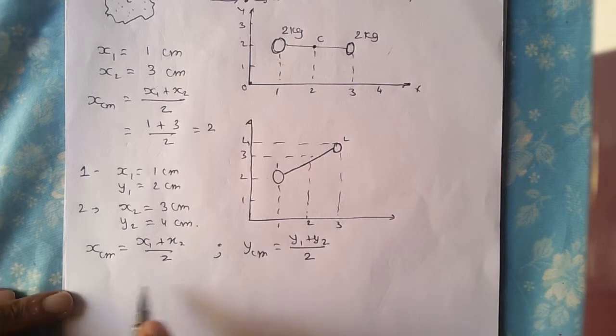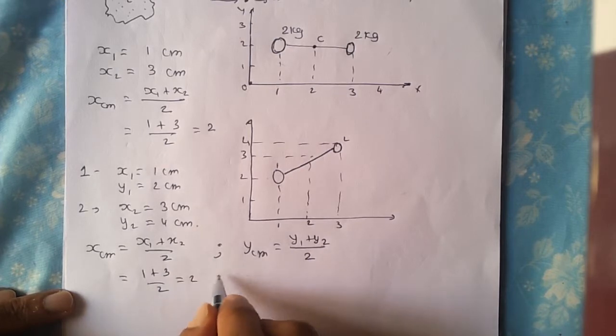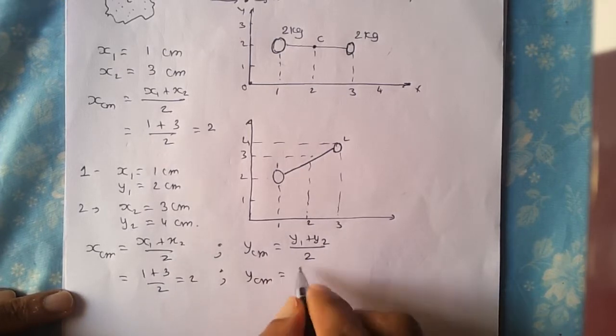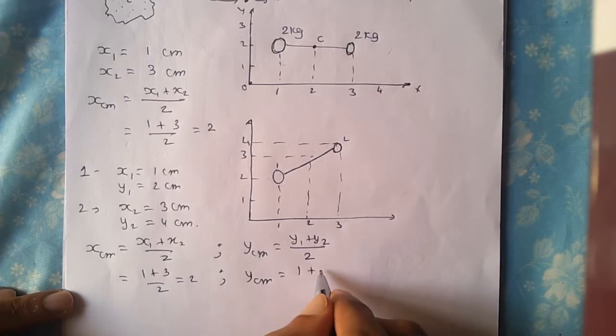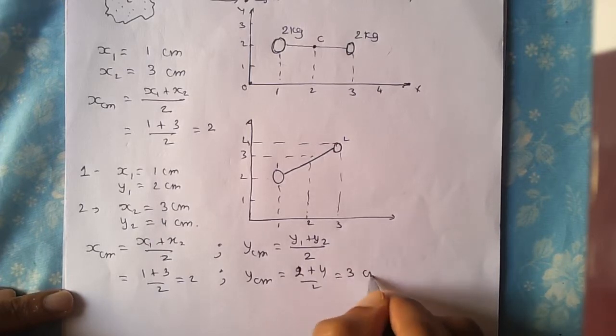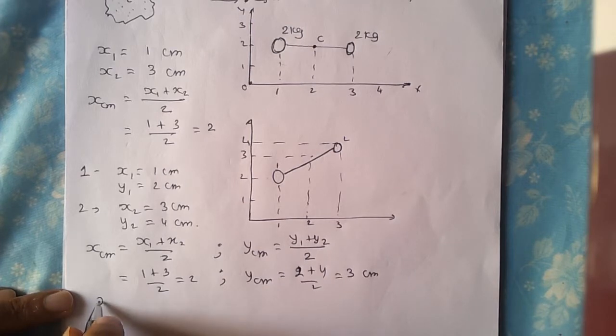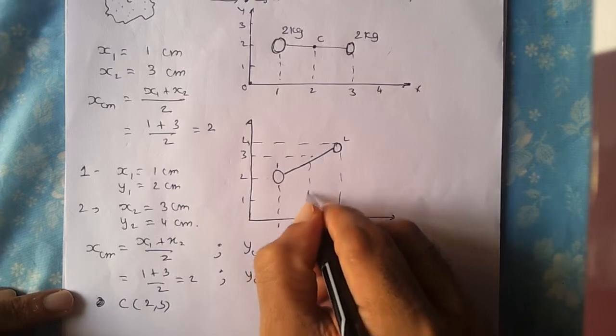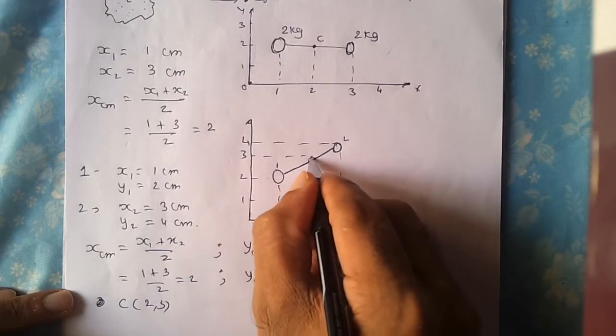So xcm is 1 plus 3 by 2, that is 2, and ycm would be equal to 2 plus 4 upon 2, so 3 centimeter. So the center of mass would be the point (2, 3), and you can see over here this is 2 and this is 3, so this would be the center of mass.